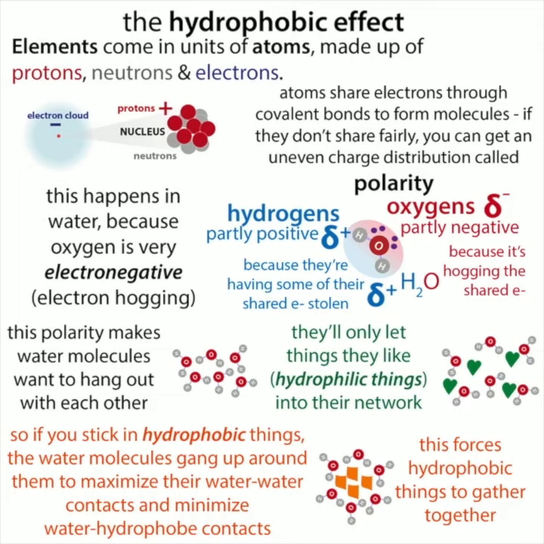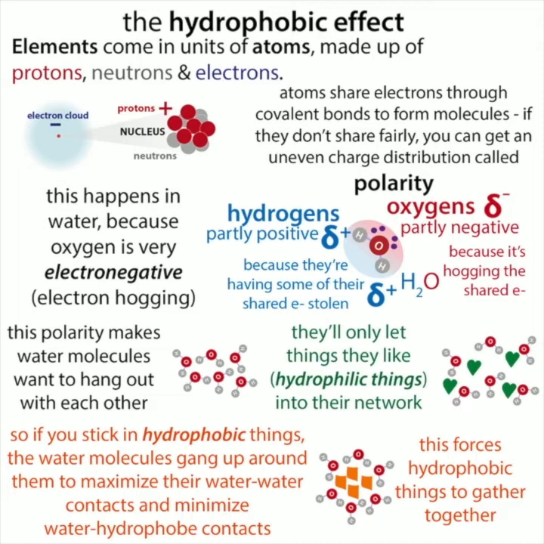It's beyond the scope of this post really, but atoms are made up of protons, neutrons, and electrons. Protons are in the center and they're positively charged, and electrons are around them and they're negatively charged. The electrons are in a cloud, so you can think of this cloud shifting, so sometimes it hangs out more with one part of the molecule, sometimes more in another part.